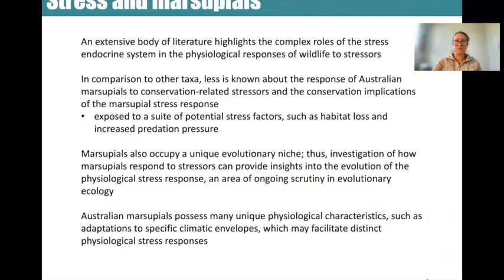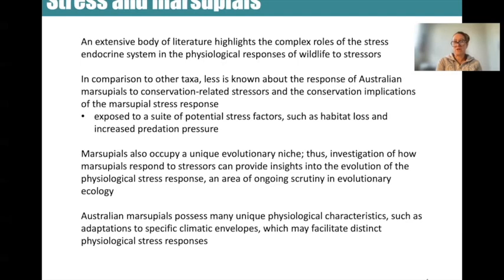On marsupials specifically, or rather generally, there is an extensive body of literature that highlights the complex roles of the stress endocrine system in the physiological responses of wildlife to stresses.